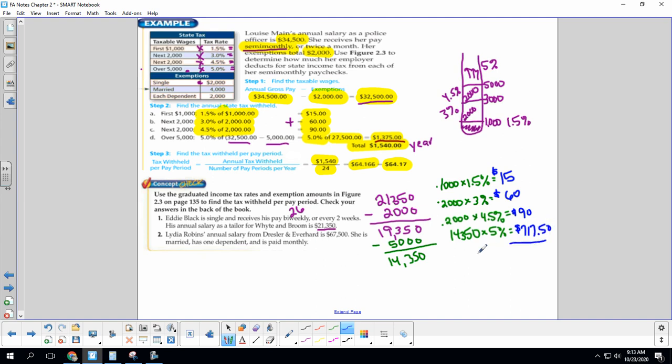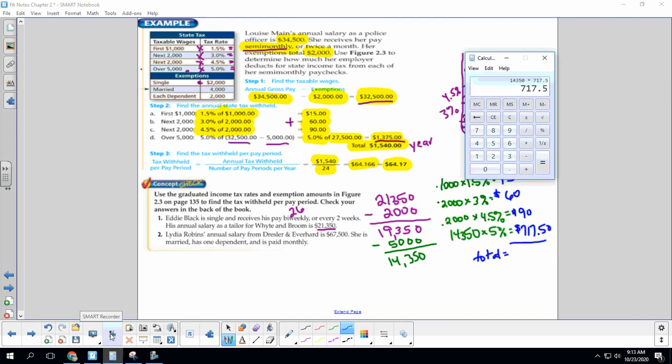And we are going to total it. So he's going to go plus 15, plus 60, plus 90, plus 717.50.